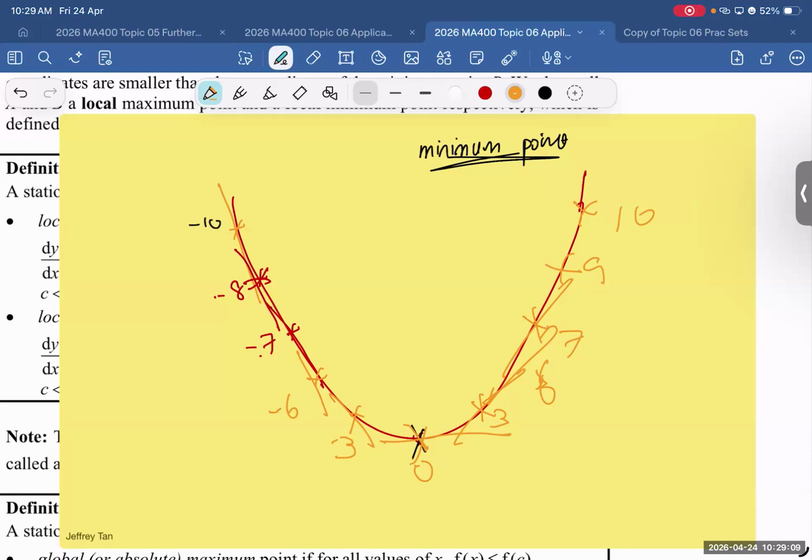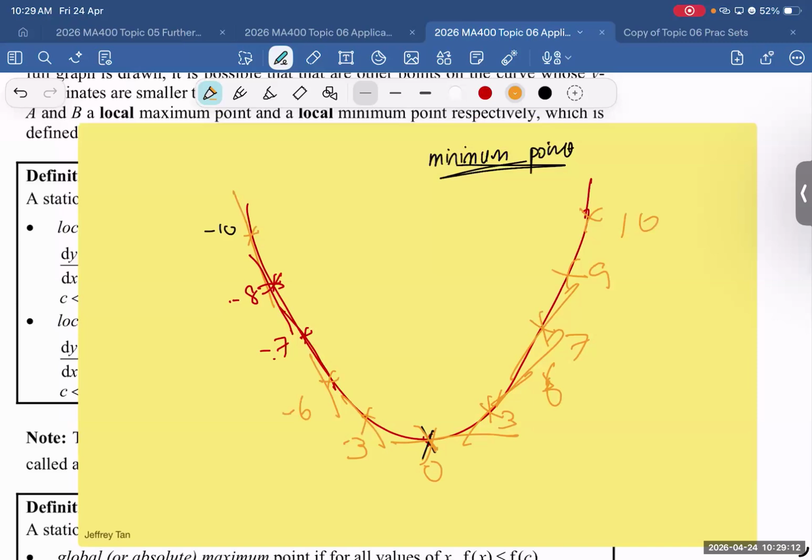The gradient represents what kind of derivative? dy/dx versus x. Now I go from here: negative 10, negative 7, negative 6, negative 3, negative 1, 0, 1, 3, 6. This is dy/dx versus x.